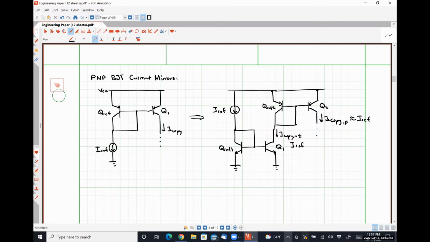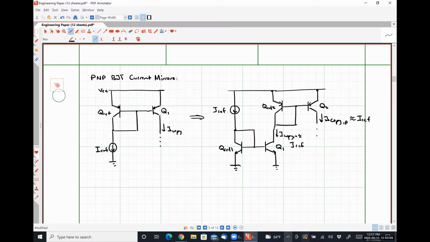So to summarize this configuration, this current I copy N is effectively serving as the reference current for this PNP current mirror up here in the top right.